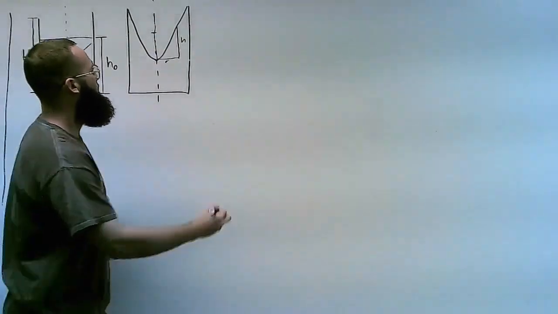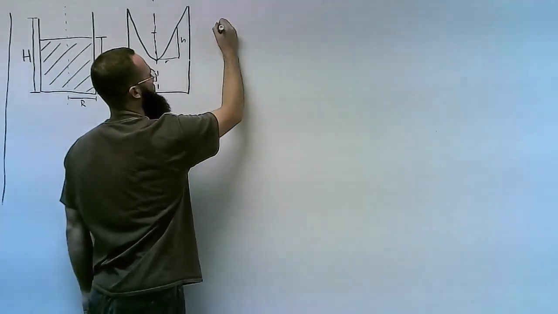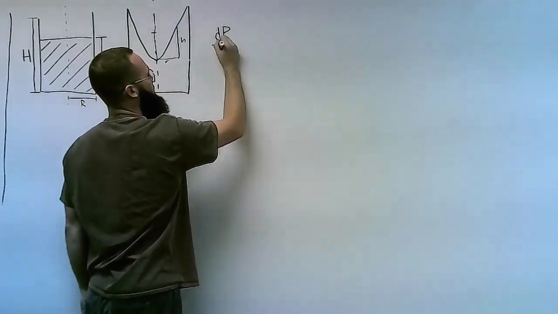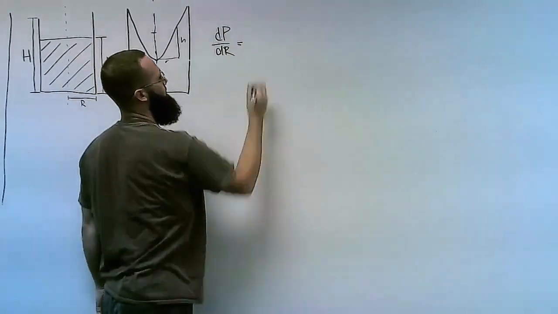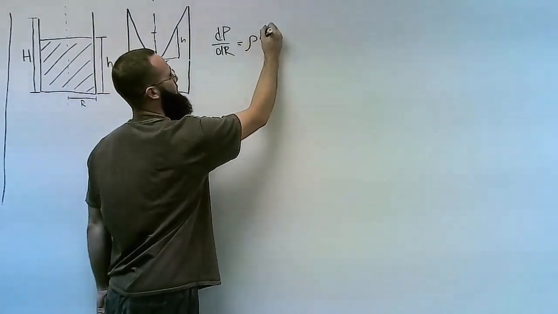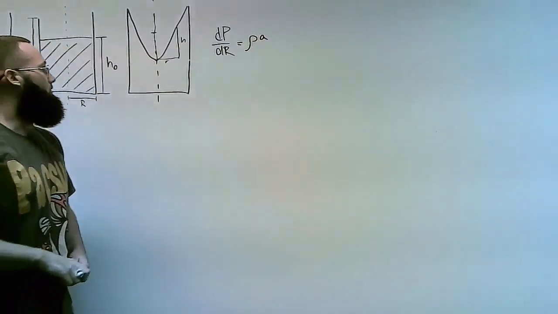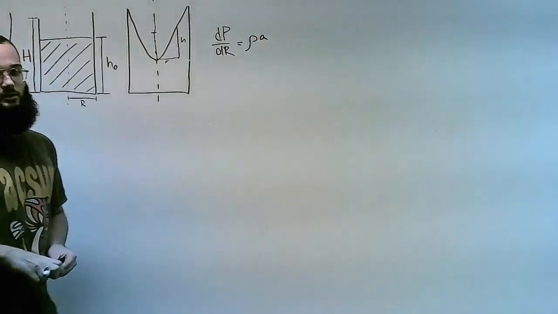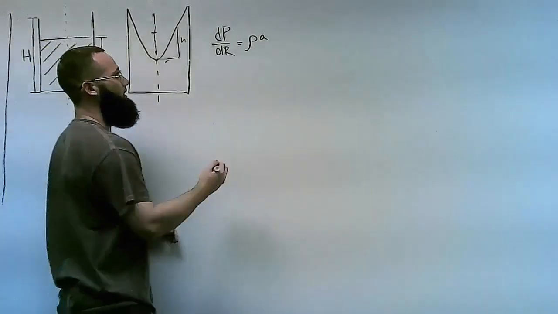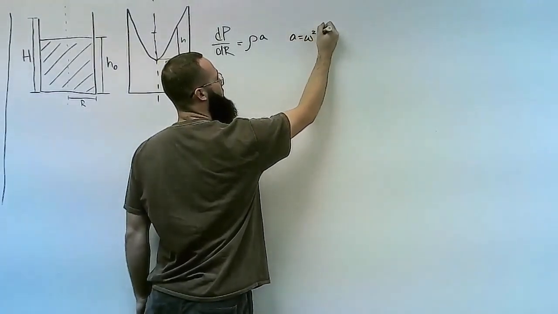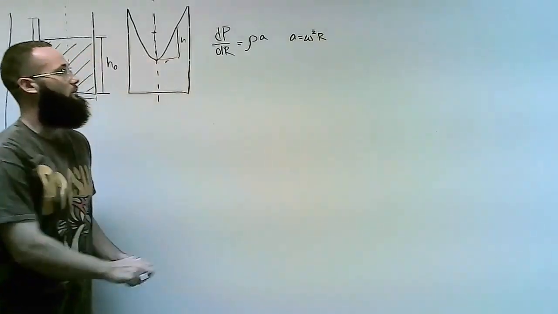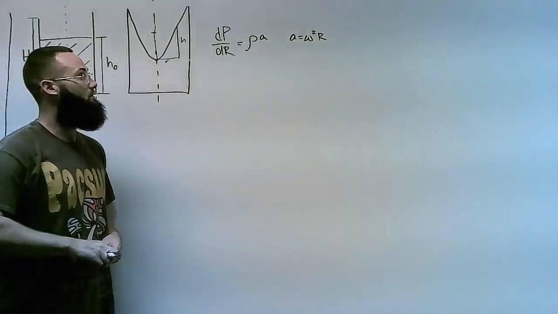So starting off, we will start with the basic equation of fluid dynamics: differential pressure over differential radius equals rho times acceleration. And we also know that acceleration is equal to the angular frequency squared times the radius.